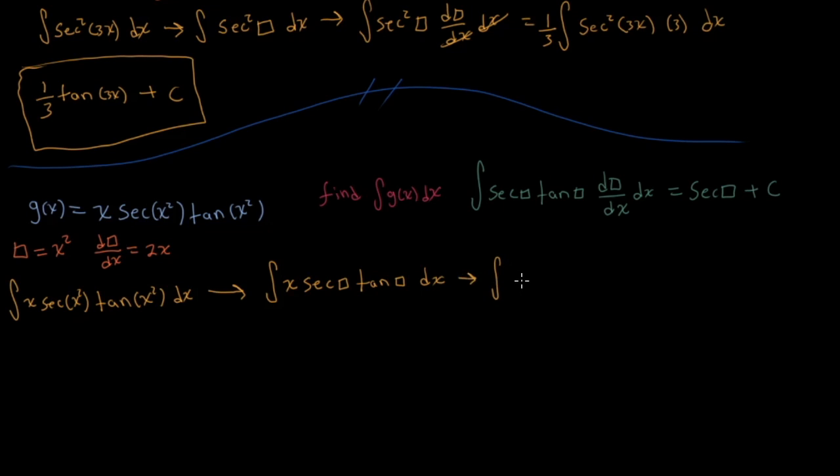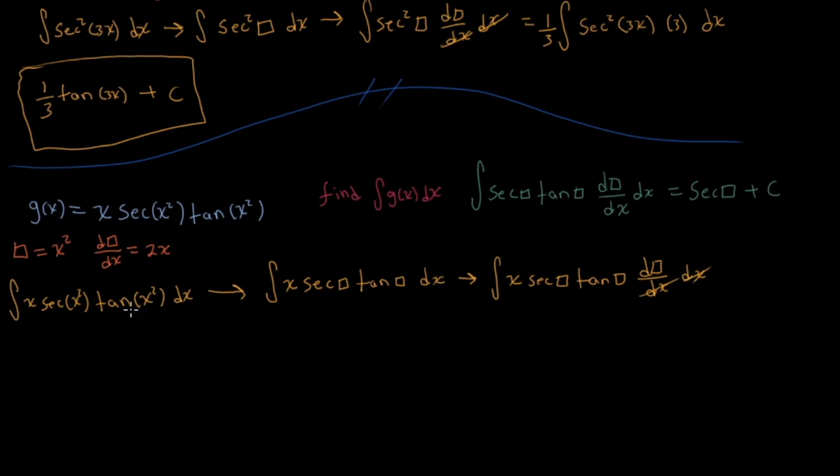So we would get x times secant box times tan box times d box by dx. You can think of these dx's canceling out.